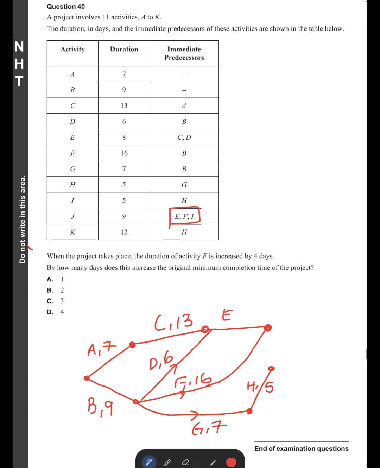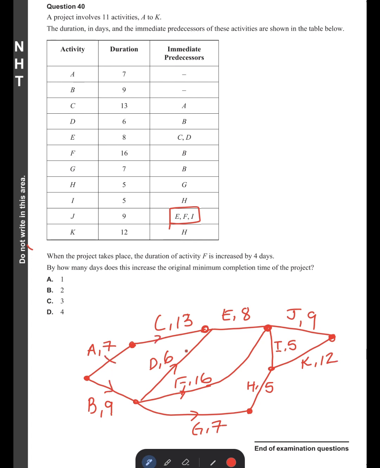That's E, which is 8. And then I needs to connect to here. So that's I, which is 5. And then K comes off H as well. And then J is that one. J, which is 9. K comes off H, which is 12. Okay. So that's my drawing.